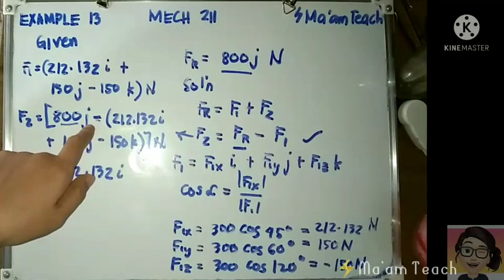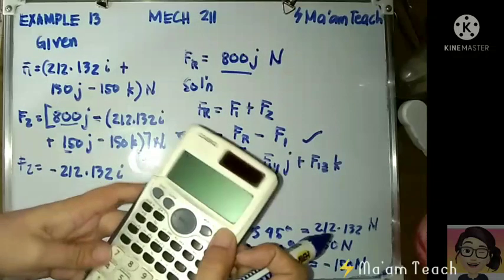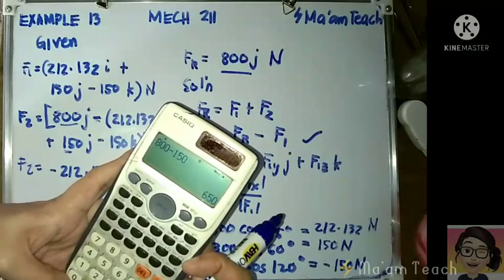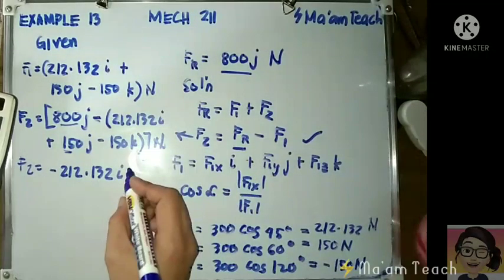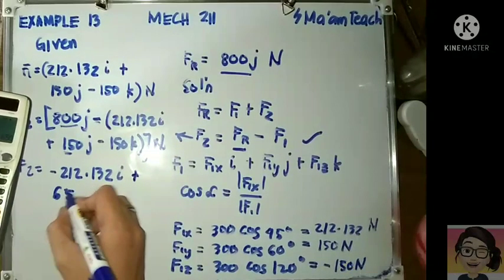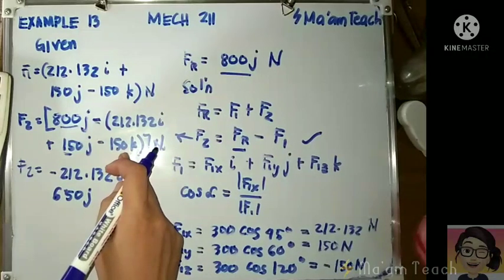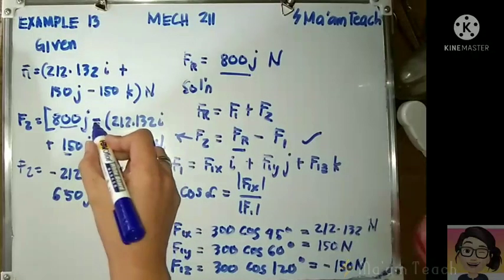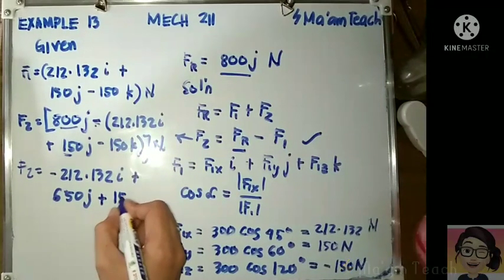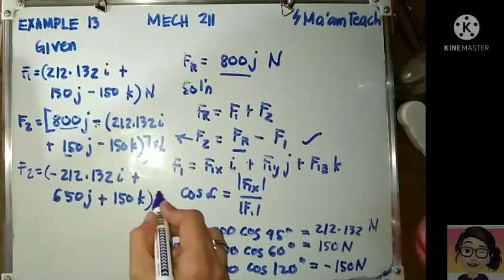Take note that the negative sign will be distributed in the entire parenthesis. So 800 minus 150, 650. So positive 650j. Okay? And there's no other k but this one. So negative times negative, that will become positive. So positive 150k. Okay, so this is our F sub 2.